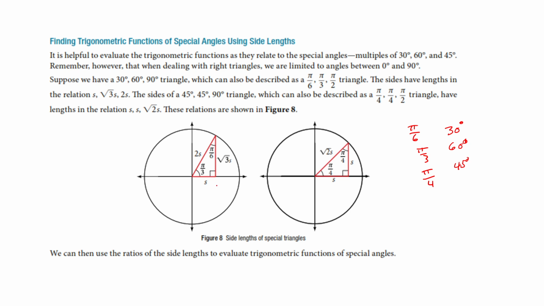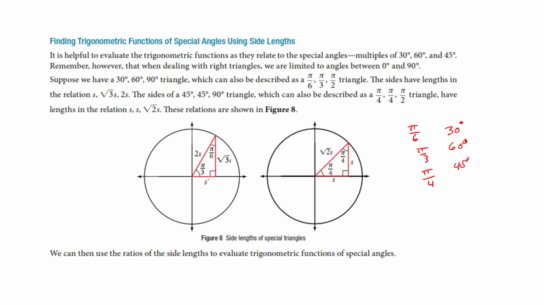Now, perhaps not quite as intuitively, it's still based on the Pythagorean theorem, but we could say this pi over 3 is a 60-degree angle. The side across from it, opposite, is always in the ratio the square root of 3 times whatever the side is.